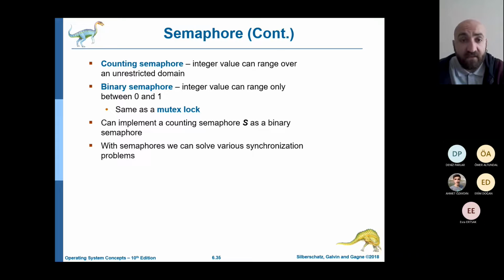Each process that wishes to use that resource performs a wait operation on that semaphore, thereby decrementing the value of the count S. When a process releases a resource, it performs a signal operation, so that means it's going to increase the value of S. When the count for the semaphore goes to 0, that means all resources are being used.